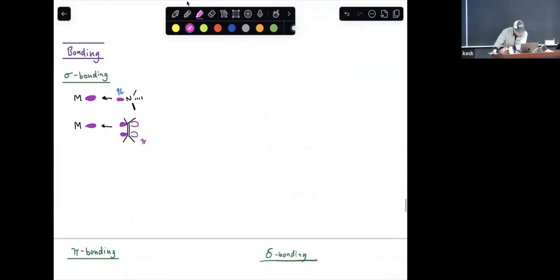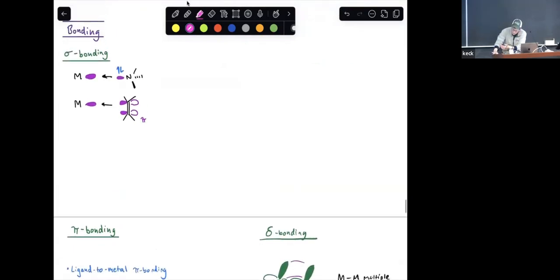So to talk about bonding, we're going to introduce the different types of bonding. And remember that this terminology, sigma, pi, and one that we'll introduce very briefly, delta, has to do with the symmetry of the orbitals that are involved in forming the bonding interaction.